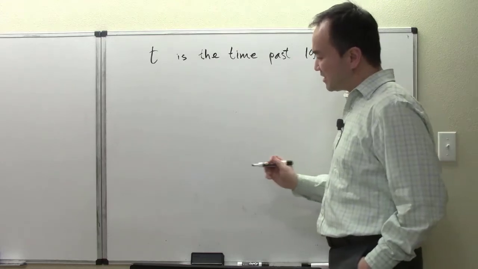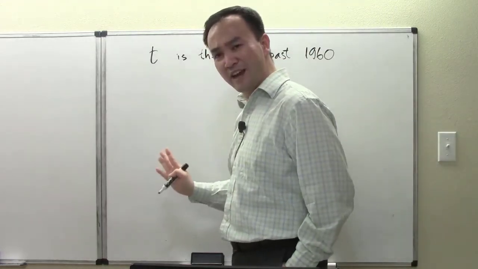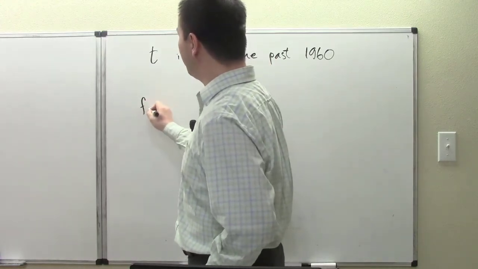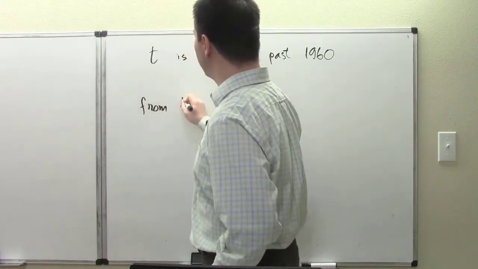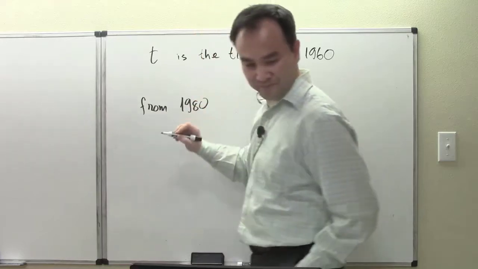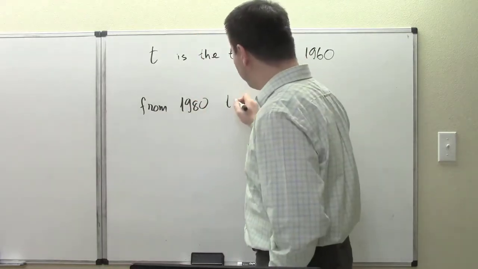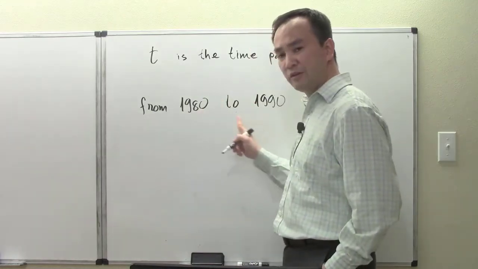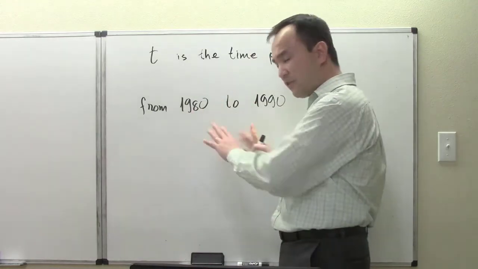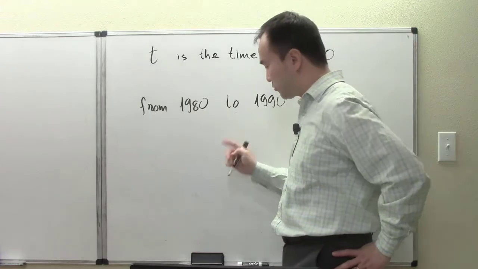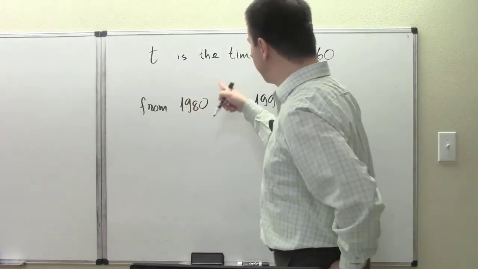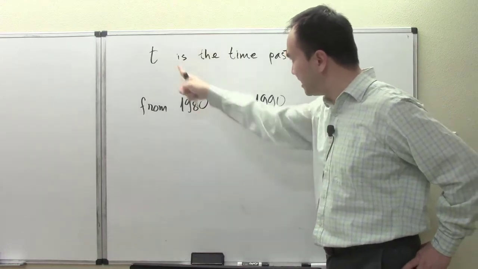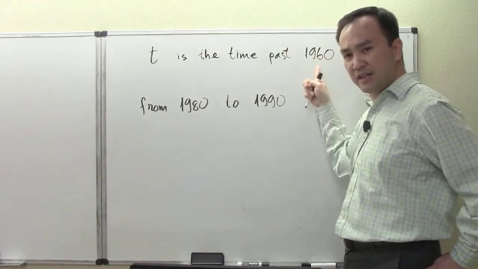And that means when we're actually looking at our interval, the wording itself was saying, let me briefly write down, we're looking at from 1980 to 1990. But this is not really our interval. I mean, it's the interval, but this is not the way the interval is written. 1980 is 20 years, because that's how we define t. So 1980 is 20 years past 1960.